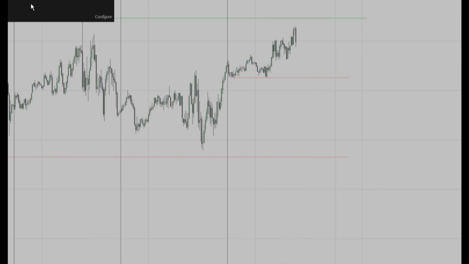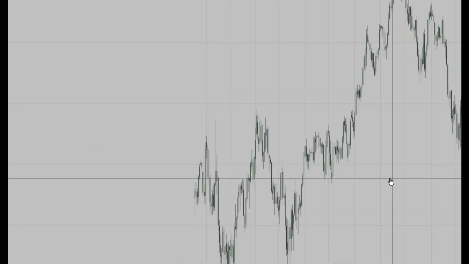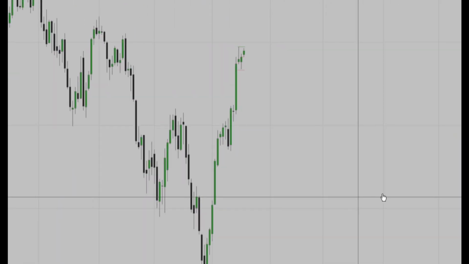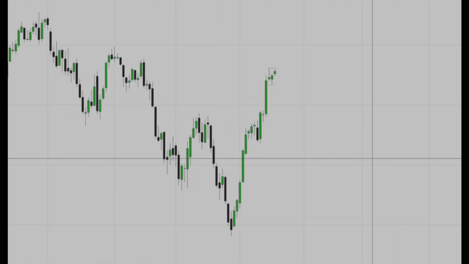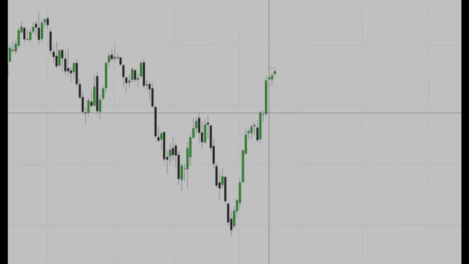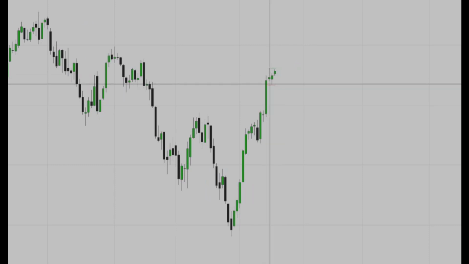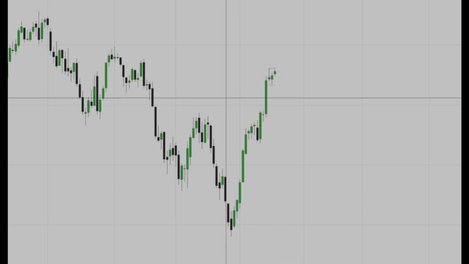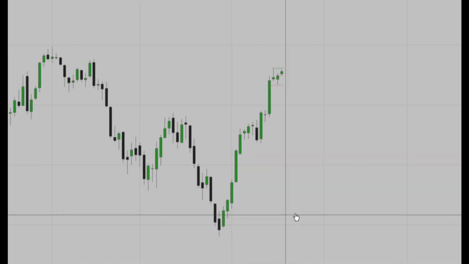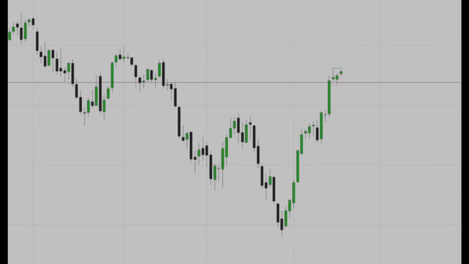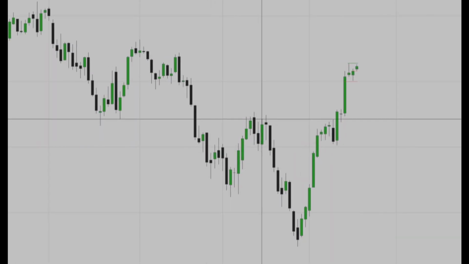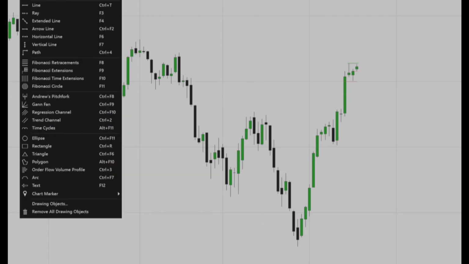If I show you my daily chart, so this is a market maker sell model. I am going to show you guys my mistakes that I make. This one was not very costly.